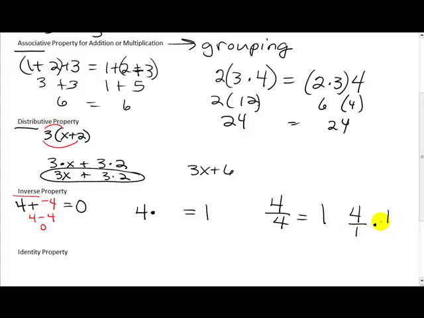So we'd have to multiply 1 over 4 to get 1. And that's the reciprocal of this number. So 4 times 1/4 will give me 1. This is the reciprocal. That's the inverse. Here it's the opposite number.